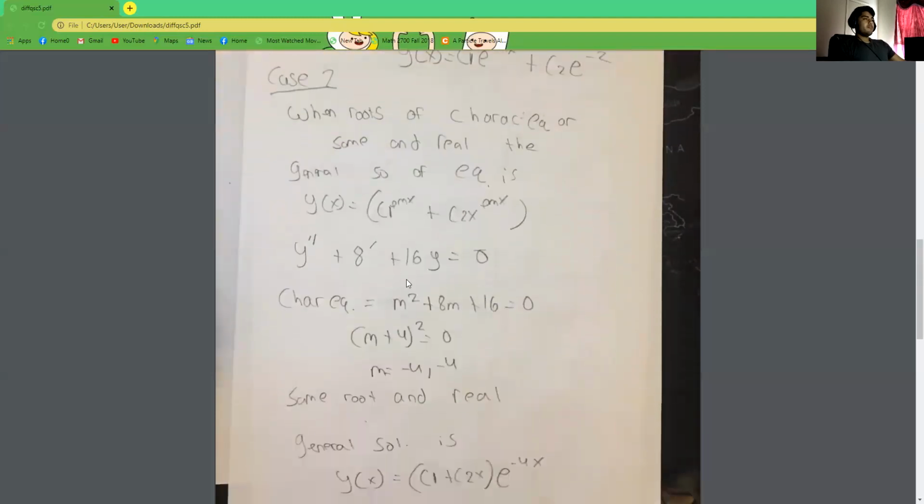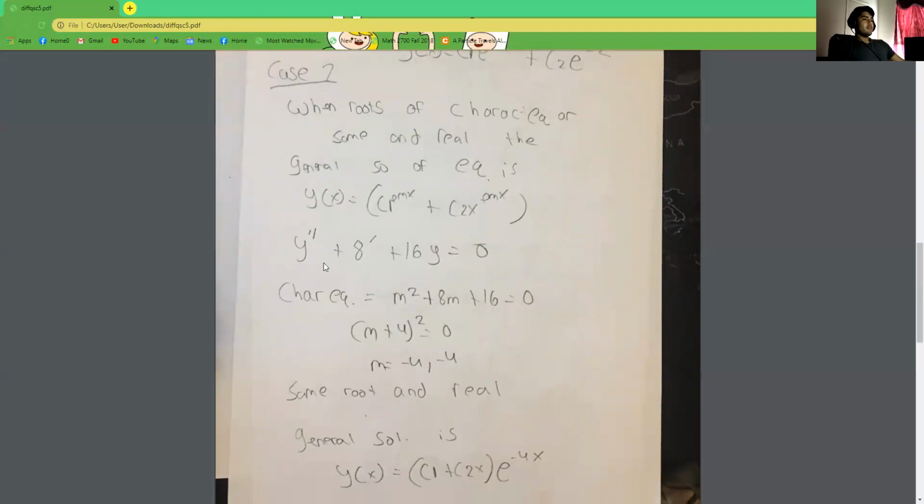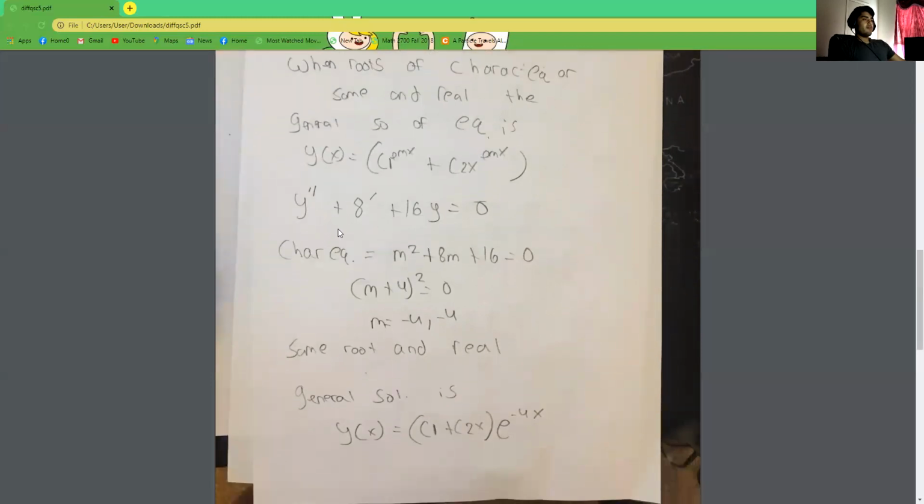So in case 2, when roots of the characteristic equation are the same and real, the general solution of the equation is y(x) equals c1 e to the mx plus c2 x e to the mx. Here's our regular second order: y double prime plus 8y prime plus 16y equals 0. We're going to plug that into the characteristic equation to solve for it. This one doesn't need the quadratic formula. It's not that hard.